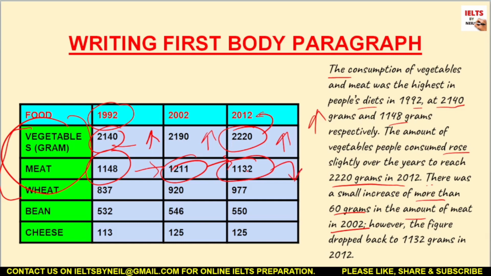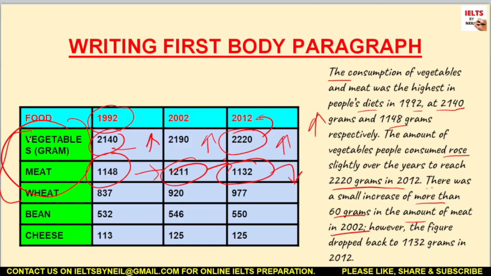So what I've done is I've covered vegetables and meat in the first body paragraph. These two are done, right? Now we are left with wheat, beans, and cheese. So let's see how we're going to do it in the next body paragraph.